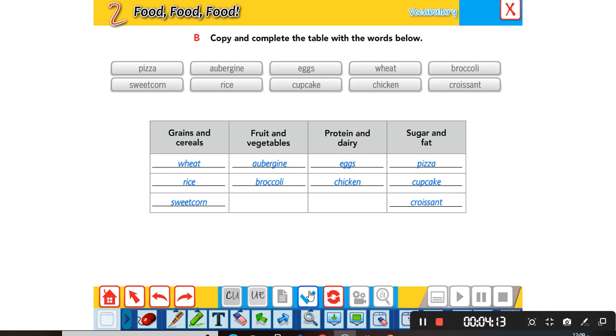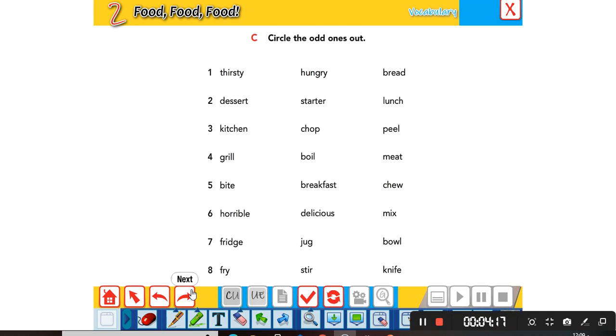Well done. After finishing this exercise, let's move to the next one, exercise C, where you are asked to circle the odd ones out. Now, in this exercise, you need to be sure what's the difference between the three words. Here you have a set of 3 words. For each set, there is one odd word. That means it can be odd because it's not the same part of speech.